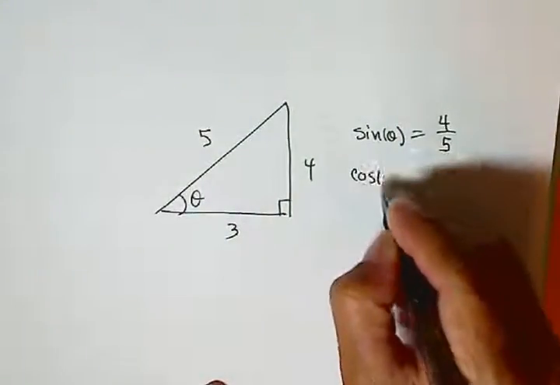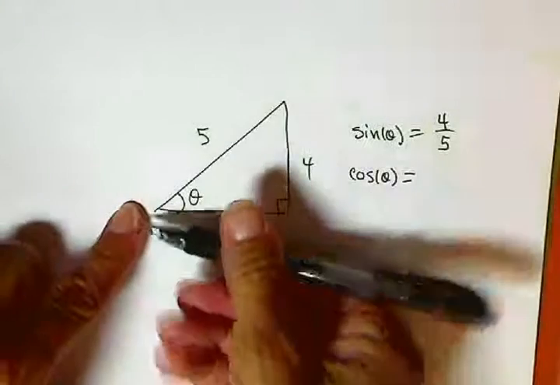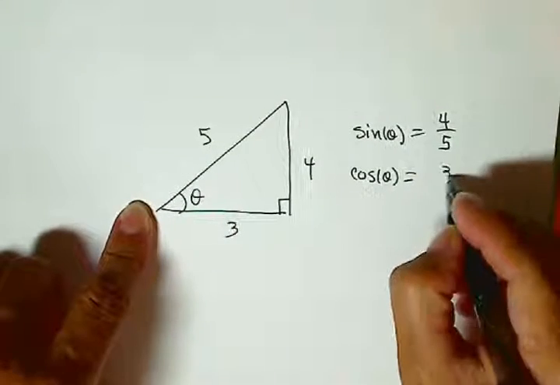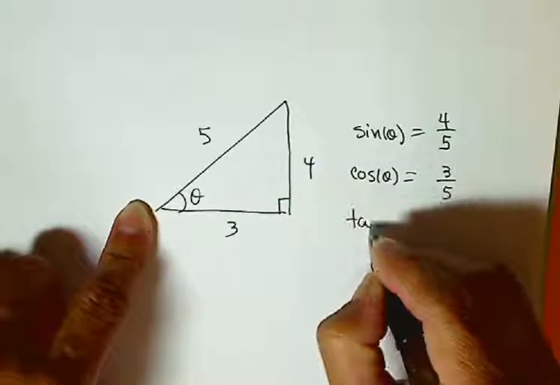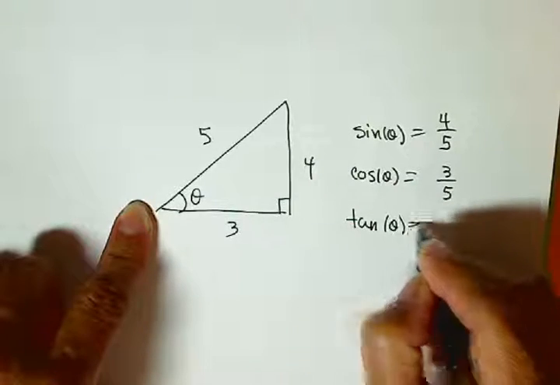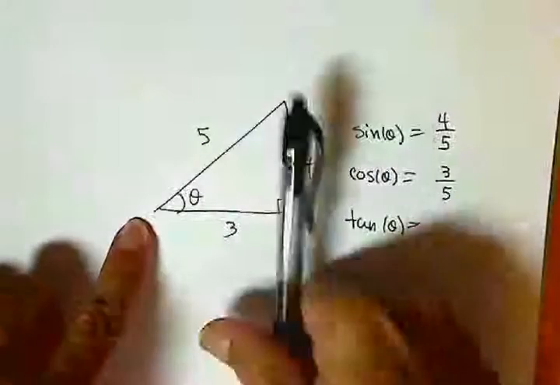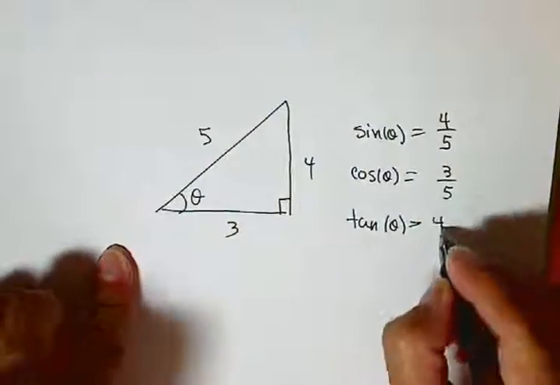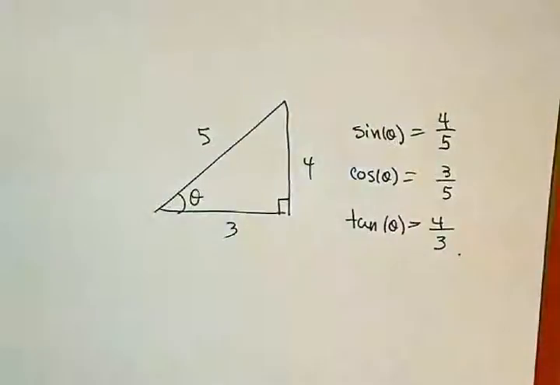The cosine of theta is adjacent over hypotenuse, or 3/5. And then the tangent of theta is opposite over adjacent, or 4/3. All right, so this right triangle trig is the building blocks to what is to come.